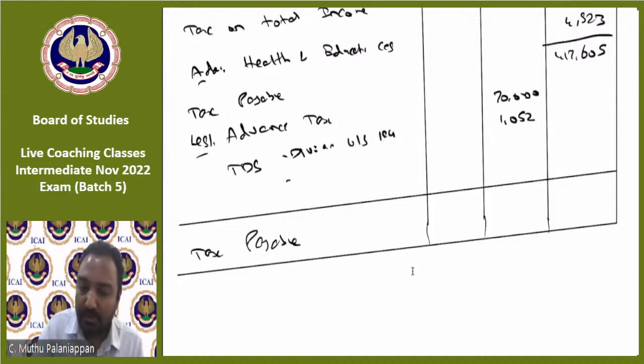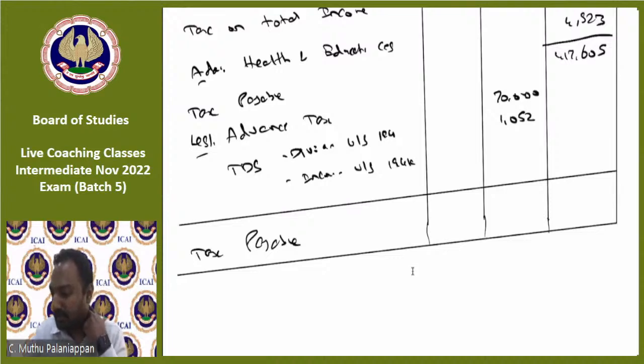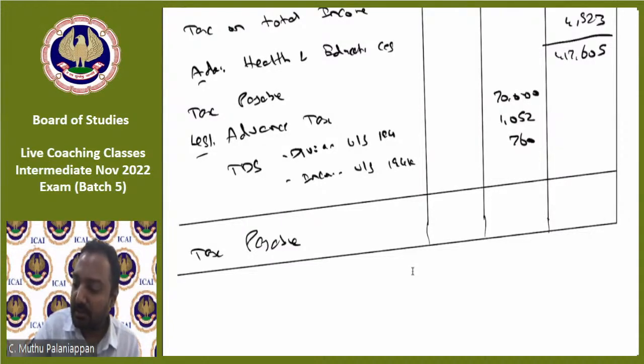Then again, TDS on this income from UTI, it is under section 194K. So this is also 10%. If you don't know the sections, it is perfectly fine. Basically, it is any dividend or mutual fund income. Dividend is 10% if it crosses 5,000. So here it is 1,050. Here it is for 7,600.